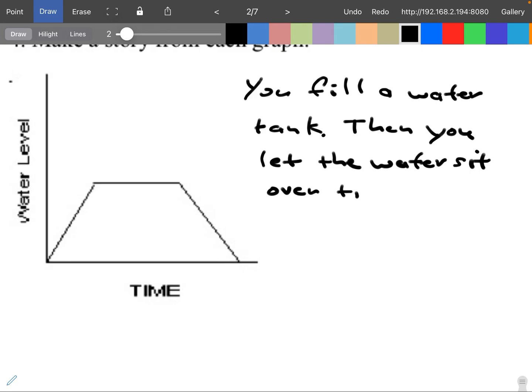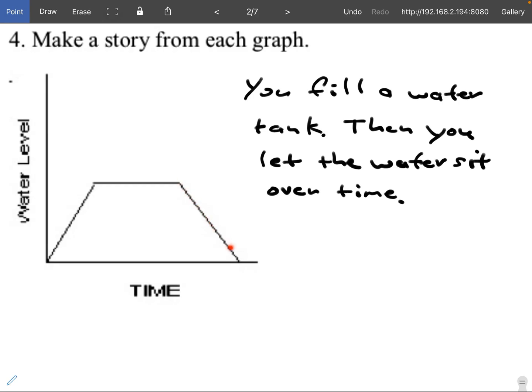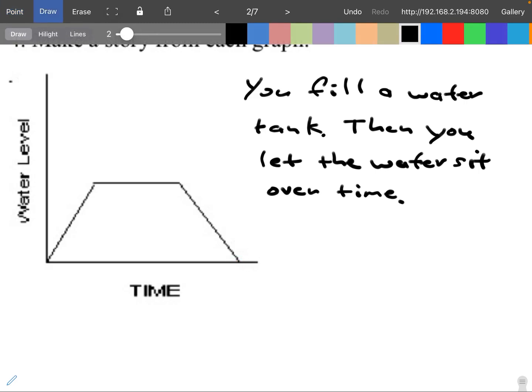So then you let the water sit over time. And then this last section, I guess you pull the plug and drain the tank, right? Until you get to the point where there's no water left in the tank right here.